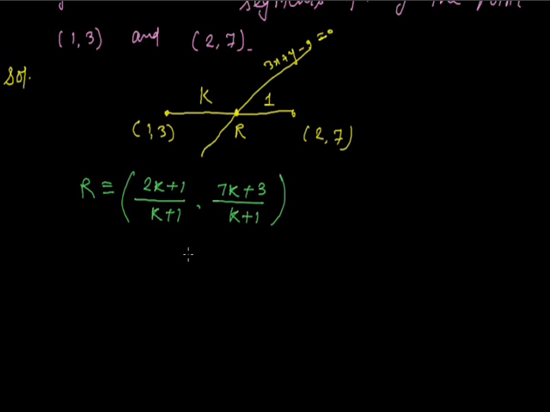So this is the point which is also lying on the line 3x plus y minus 9. The coordinates of this point R lie on the line, so they will satisfy the given equation. Hence we can find the value of k by putting these coordinates into the given line.